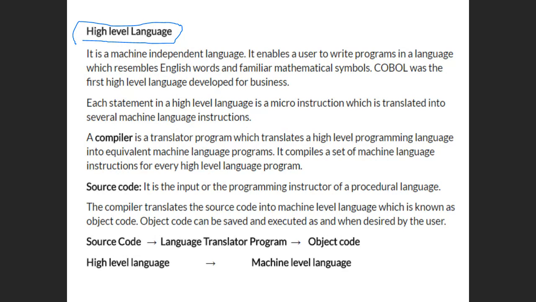So this one was the first high level language, but there are many languages we use nowadays, like C is a great example, Java, and also Python, and many other things. So they are high level language.